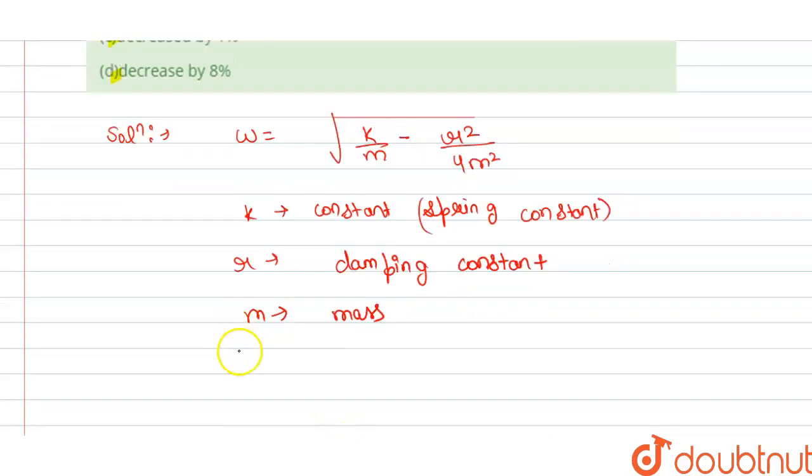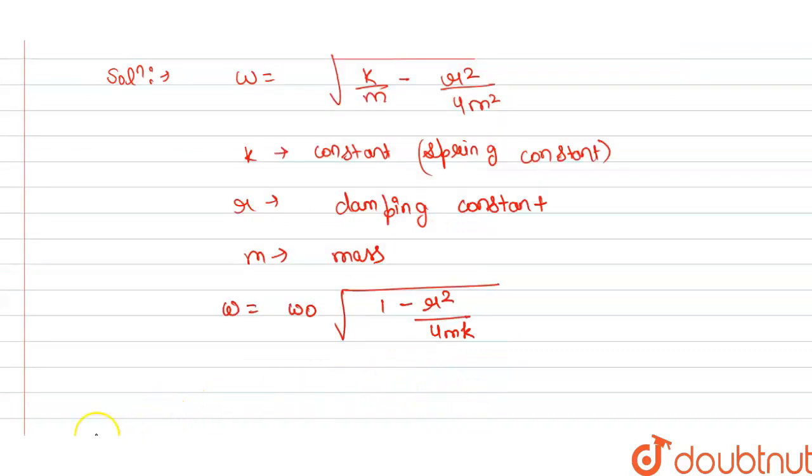From this we can write the angular frequency as the initial angular frequency omega 0, taking the terms common, times under root of 1 minus r square divided by 4 times m into k.